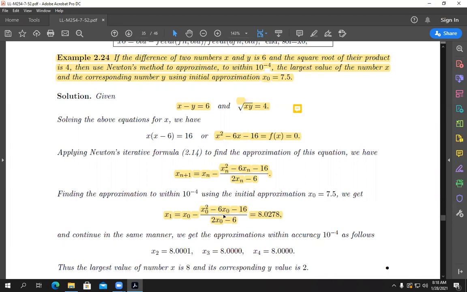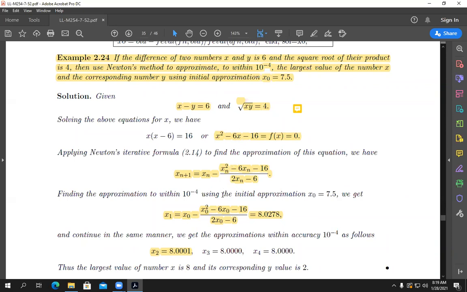Then you put n equal to 1. So this is x2, this is x1. What is x1? You put the value here and you have the second approximation. But here I find 4 approximations, because I need the accuracy 10 to the power minus 4.